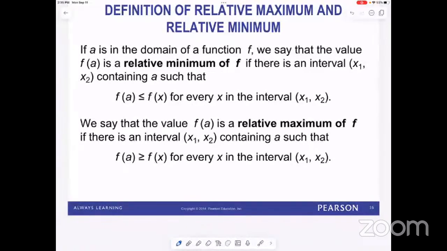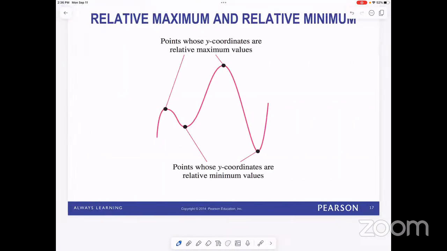Okay, so I'll let you read through this on your own, in the interest of time. When we're talking about relative maxima and relative minima, essentially that is the bottoms of valleys and the peaks of mountains. So f of A is a relative minimum. This is what we mean by relative minimum, the bottom of a valley, and this is a relative max, the peak of a mountain or a hill.